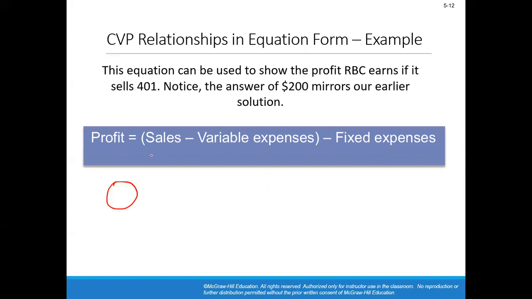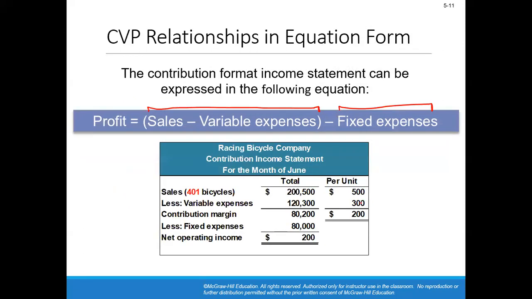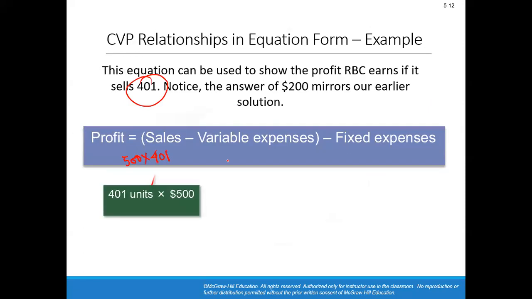So if our sales unit is 401, we can write 401 multiplied by, okay, it would be appropriate if we write the 500 selling price beginning here. And for 500, what is our variable expense per unit? 300.